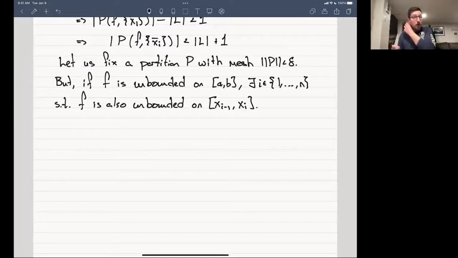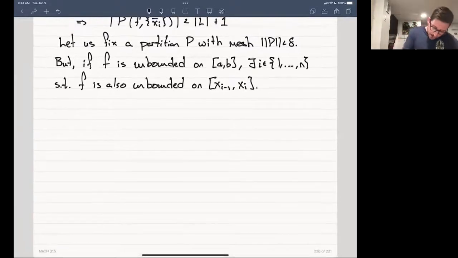Okay, right? So if I'm unbounded on the whole interval and I've fragmented the whole interval into these smaller little components, then on one of those smaller components I have to be unbounded as well, right? Because the unbounded part on the big piece has to be contained, or has to be represented, in one of the small pieces.